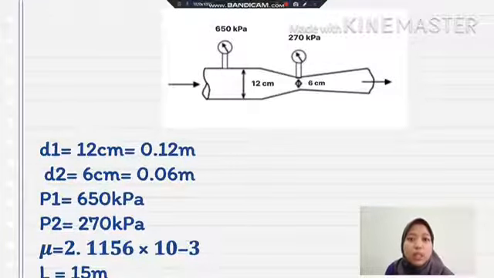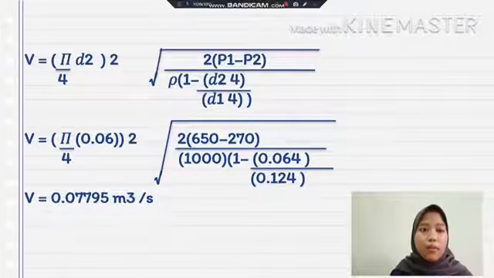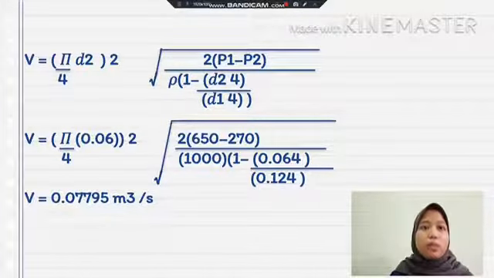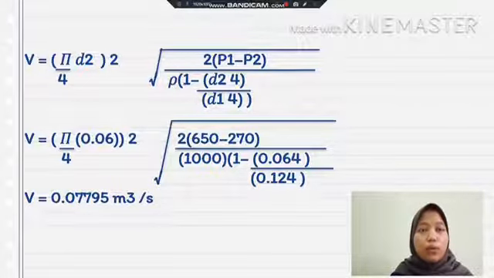The first pressure is 650 kilopascal and the second pressure is 270 kilopascal. The dynamic viscosity of the water is 2.1156 times 10 to the power of negative 3. The length of the pipe is. First of all, if we want to solve this problem, we need to find the volume flow rate.